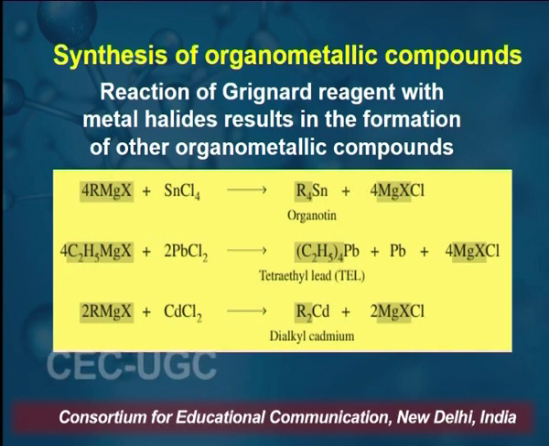This is known as TEL, tetraethyl lead, and then with cadmium chloride it results in the formation of diethyl cadmium. All these are industrial products, and Grignard reagent provides an excellent route for the preparation of organometallic compounds via this route.